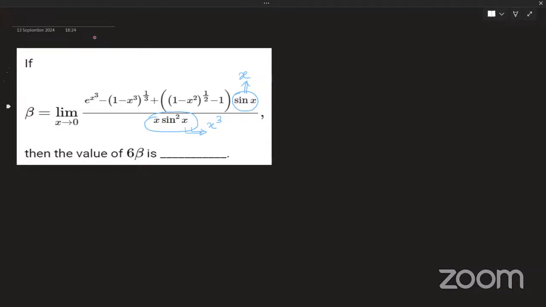Tell me which power of x in the numerator will decide my value of limit. What do I have in the denominator? x cube.